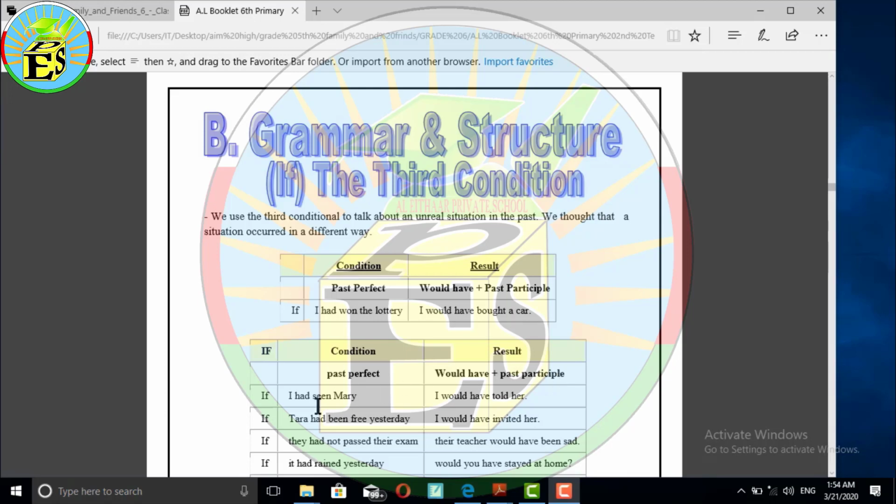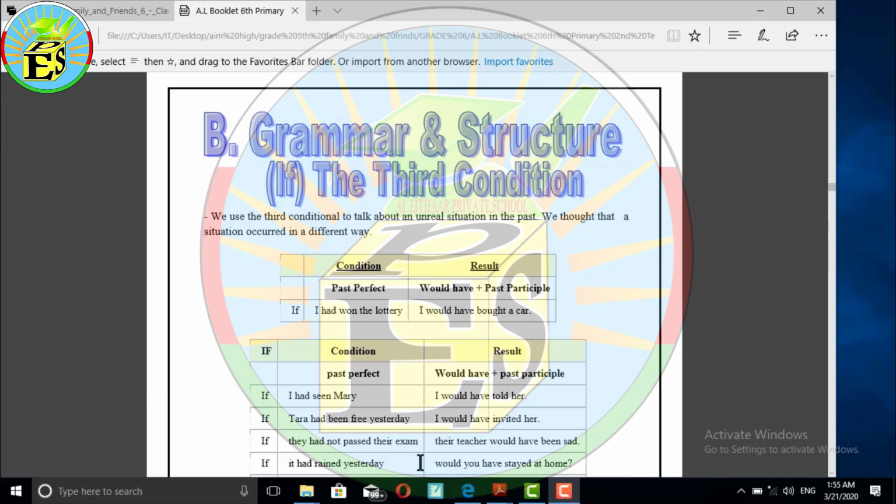Look at the examples with me. Read. If I had seen Mary, I would have told her. Second, if Tara had been free yesterday, I would have invited her. Third one, if they had not passed their exams, their teacher would have been sad.